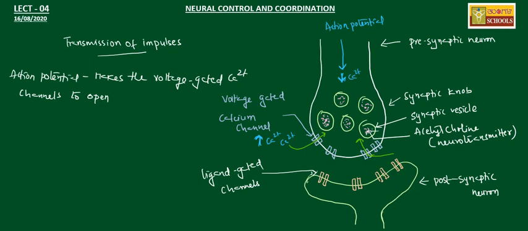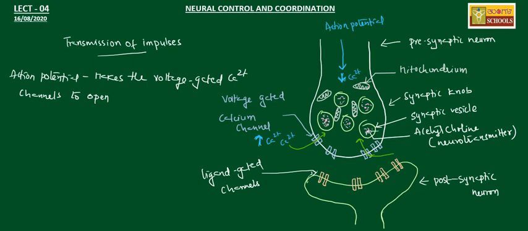Here we'll find mitochondria. So the action potential makes the voltage gated calcium channels open, and this results in movement of calcium ions from the ECF into the synaptic knob.